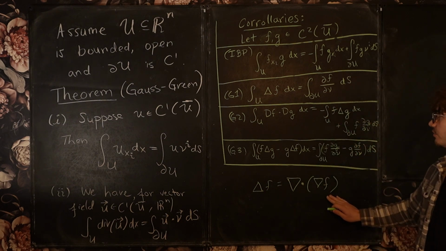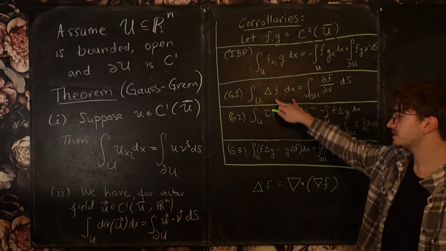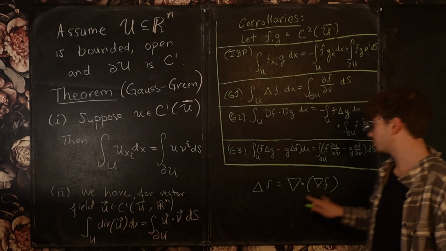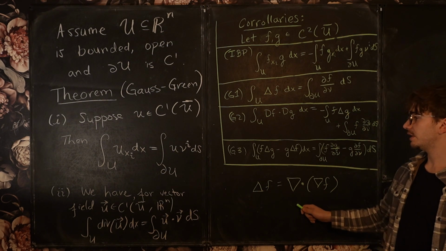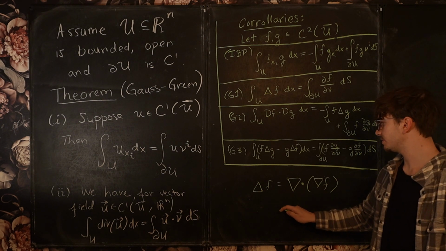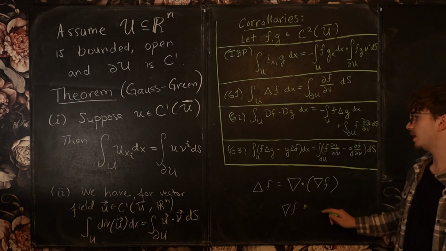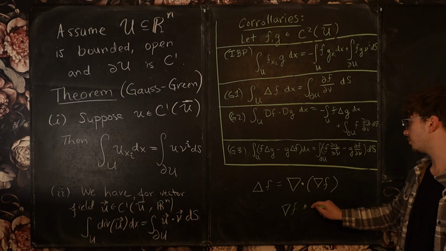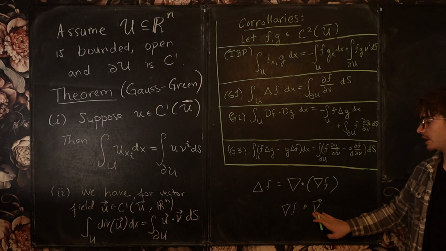And if I apply the divergence theorem, then I get that this left-hand side is just the divergence of gradient of f. The right-hand side is going to be the gradient of f dotted with this outward normal vector nu, okay? Gradient of f dotted with the outward normal vector.